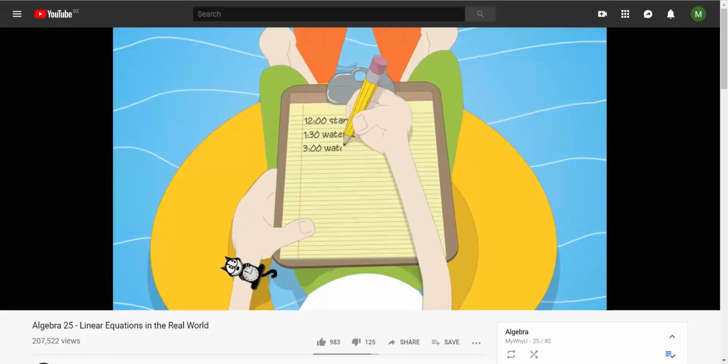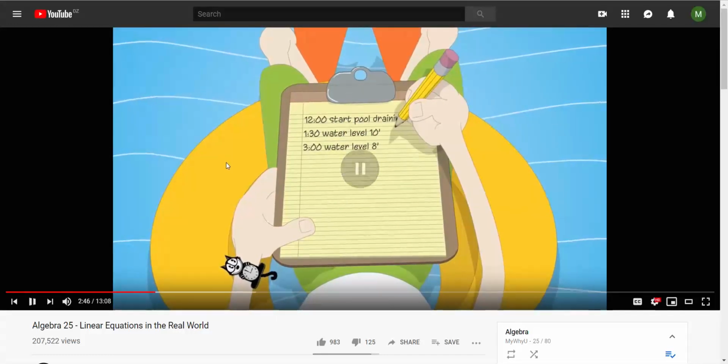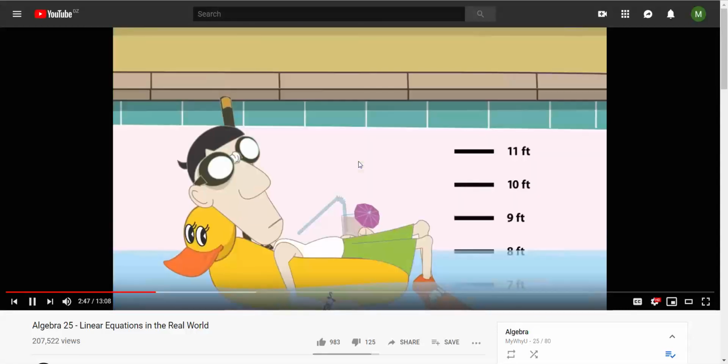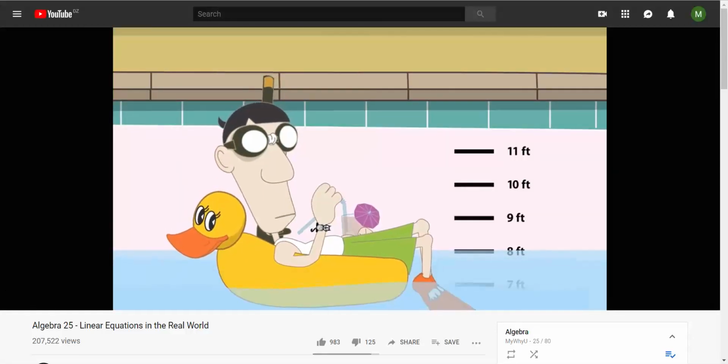Hmm, 3 o'clock and the water level is 8 feet. Yikes! This pool better be empty by 8 p.m.